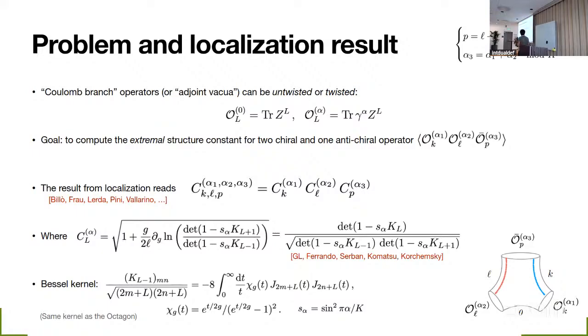So the image that you should have in mind is that you have a Turpin function like this, and you put a twist here, so that this twist is alpha 2, this twist is alpha 1, and you see that this operator here has total twist alpha 1 plus alpha 2, and this has alpha 2, this has alpha 1.